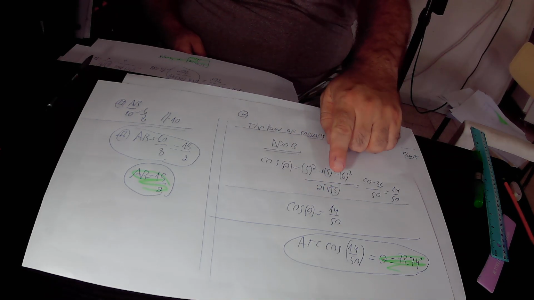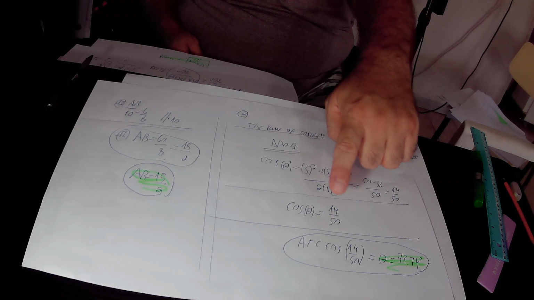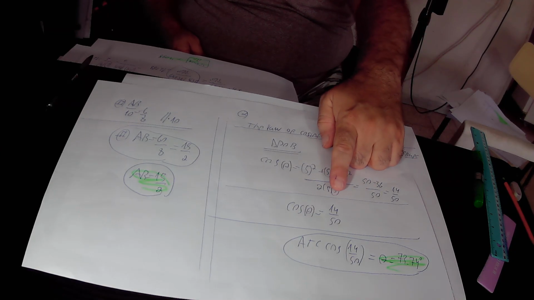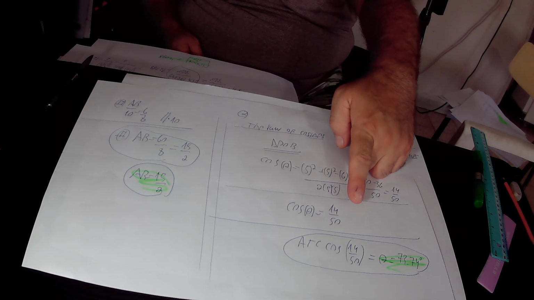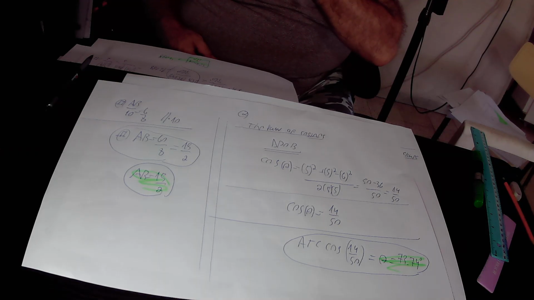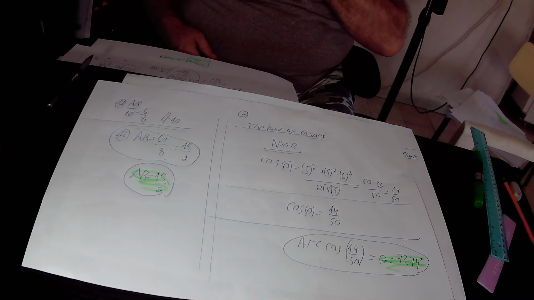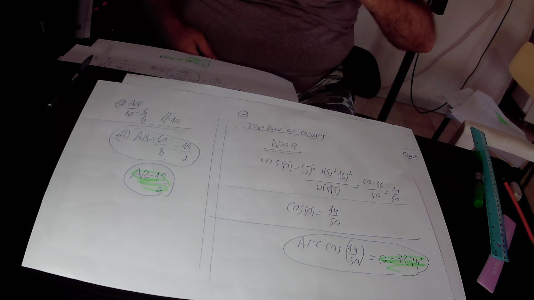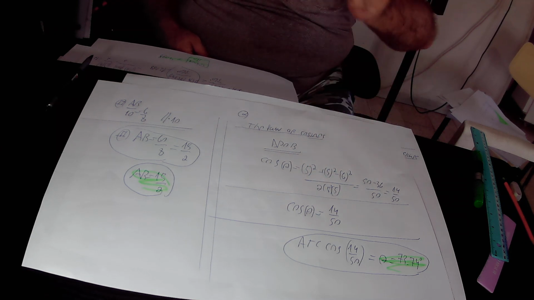The opposite function of cosine is arccosine. We operate arccosine on the result 14 over 50, and in this way we get angle theta itself, because the inverse function cancels out the operation of the function itself. In this way we get the original number before the operation of the function.